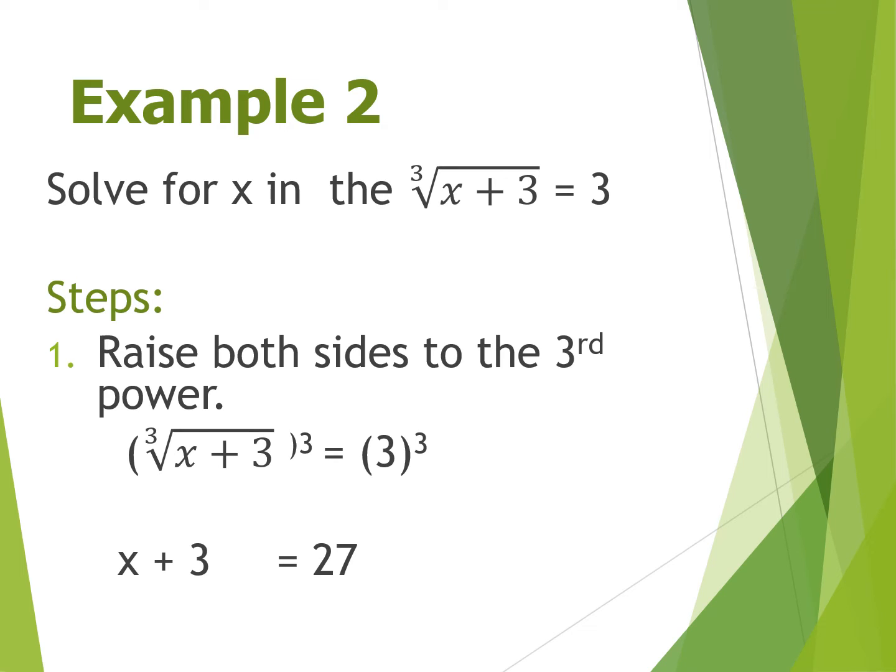Second example, solve for x in the cube root of x plus 3 equals 3. The first step, raise both sides to the third power. Why? In order to get rid of the radical symbol. So the cube root of x plus 3 raised to the third power is x plus 3, and 3 raised to the third power is 27.